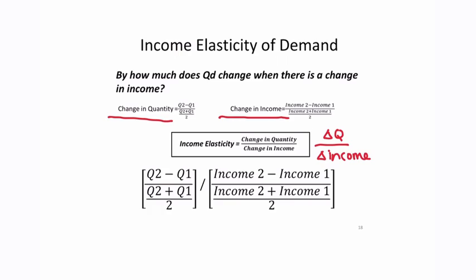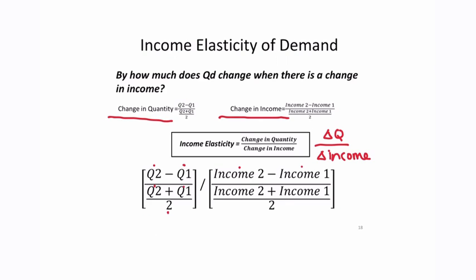Our formula looks very similar to the elasticity of demand formula, where we are looking at Q2 minus Q1 divided by Q2 plus Q1 divided by 2 as our numerator. And this will be divided now by income 2 minus income 1 divided by income 2 plus income 1 divided by 2. So this is going to give us the change in quantity demanded, divided by the change in income.